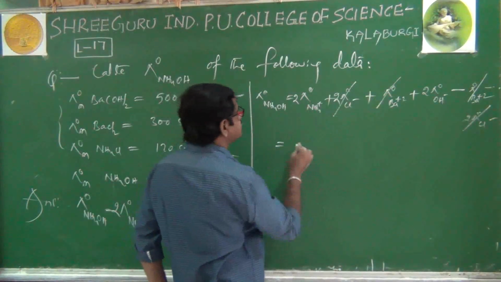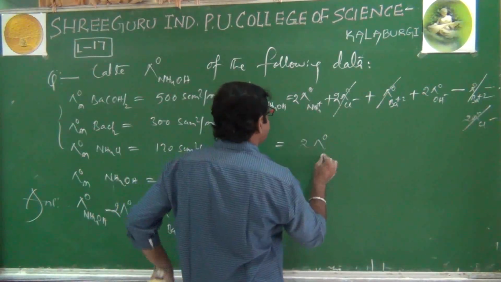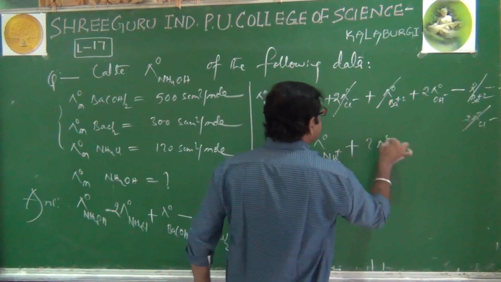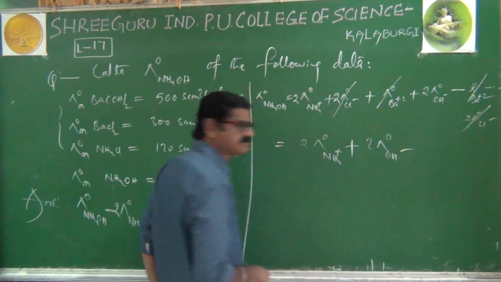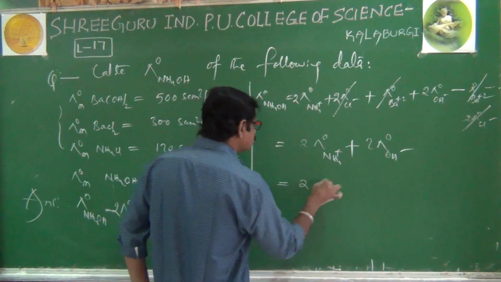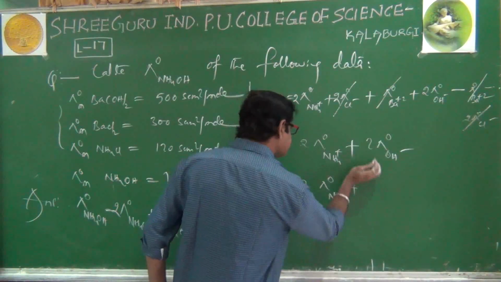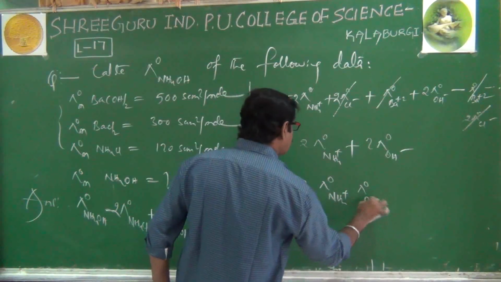Then the remaining ions are 2 moles of lambda naught NH4 plus and 2 moles of lambda naught OH minus, and we can write it like this: 2 moles of lambda naught NH4 plus, lambda naught OH minus.